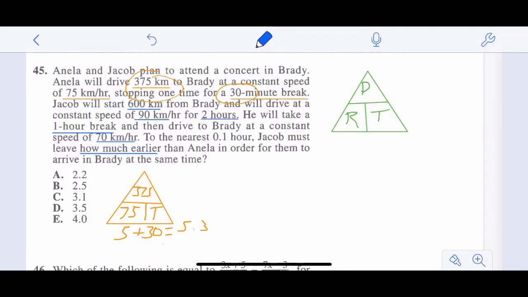So you can hear my dog in the background if you listen. So Jacob, we'll do another triangle for Jacob. That's a terrible triangle. Let's do that again. Don't waste your time on the ACT trying to draw good triangles, but I'm trying to draw decent ones here. So we know that he is going to drive at a speed of 90 for 2 hours. So let's see how far he goes.